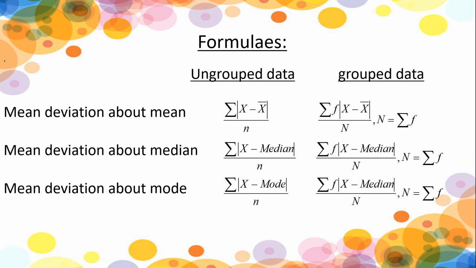And mean deviation about median is the ratio of sum of the absolute deviations of observations from the median to the number of observations.